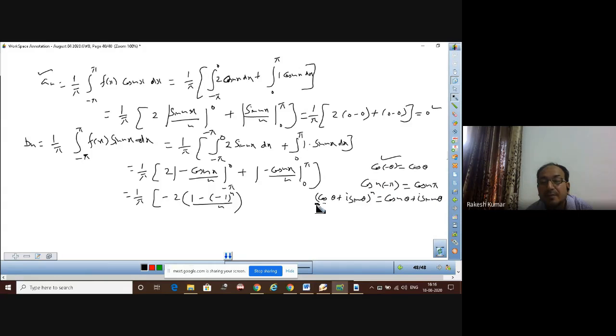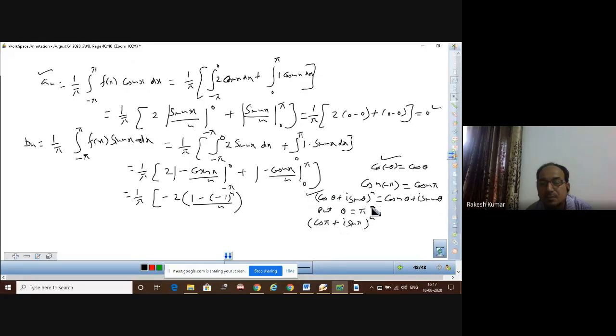Now you can put in the value of theta as pi: cos pi plus iota sine pi, raised to power n.